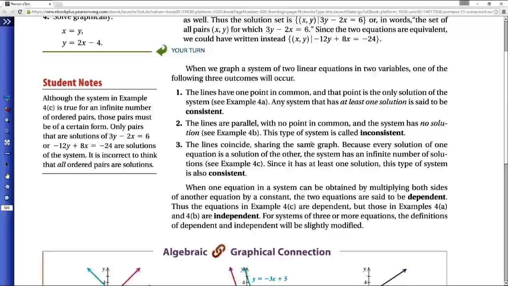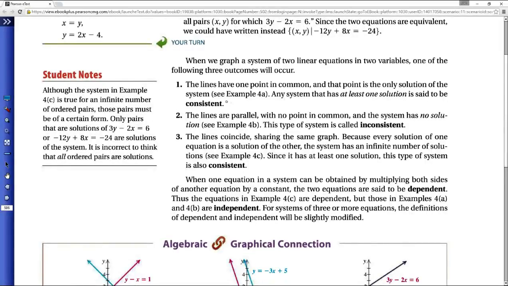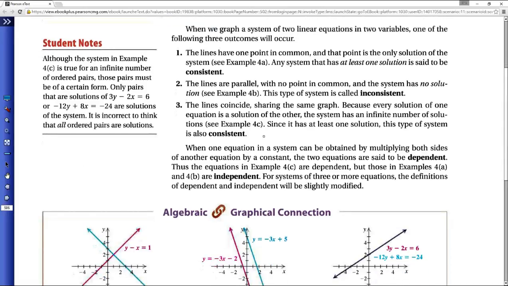There are other situations that could occur that are not parallel if we use nonlinear equations and stuff. But this type of system is inconsistent. In other words, there's no solution for this system. And then lines that coincide, basically this definition they gave us, it says at least one solution. Well, if they lay over the top of each other, if I have an infinity of solutions, they are consistent. It has at least one. They're just pointing out the three different situations that happen with linear equations. What do we call those? So these two are consistent, and no solution is inconsistent.